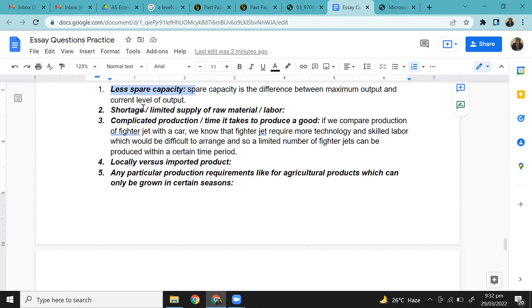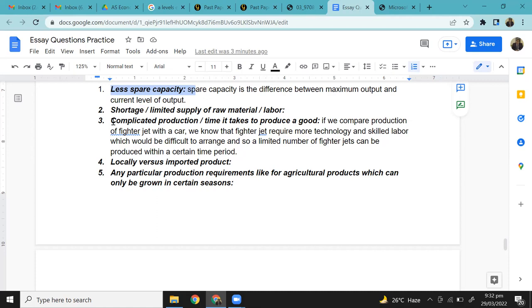But another thing you can do is look for more suppliers, right? So if it's a normal raw material or normal type of labor, you can look for more suppliers so that your supply is ensured no matter what. You get me? So that's what you need to comment on.